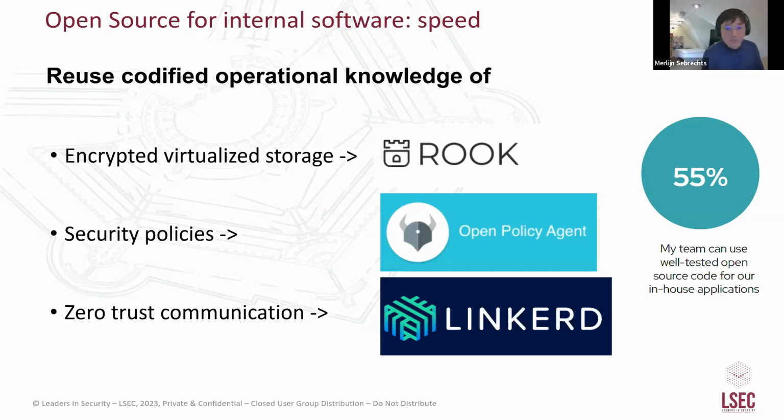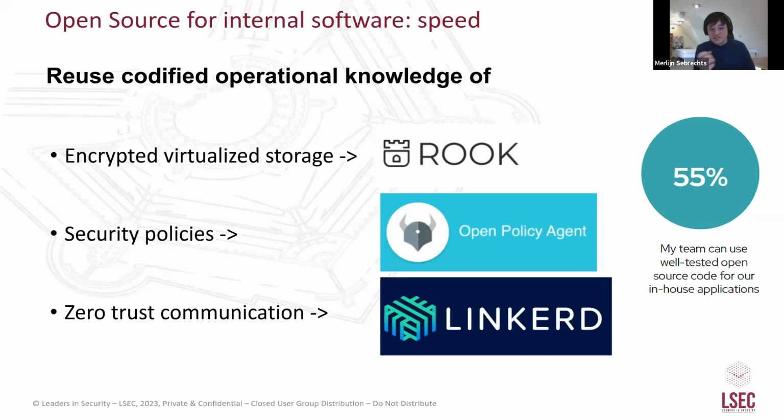Another example, security policies. With GDPR, for example, it's very important that you limit the amount of access that people have to certain types of data. If you want to do this and you're using Kubernetes, it's very easy to just use Open Policy Agent. There are a whole bunch of security policies that are already predefined that you can just use, and you know that these are best practices that have been refined sometimes over years.